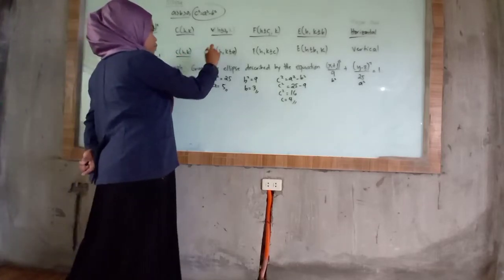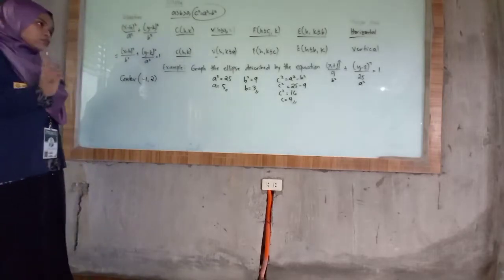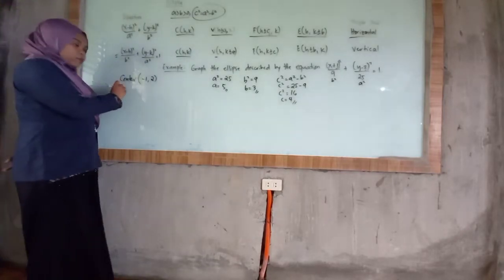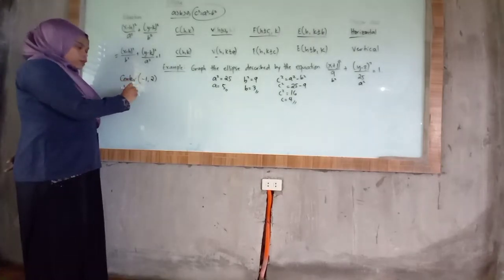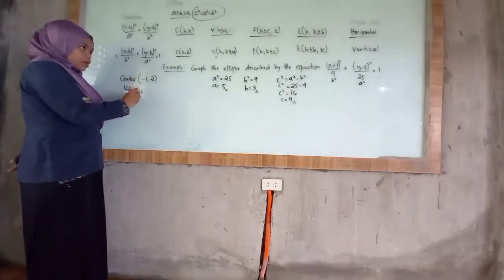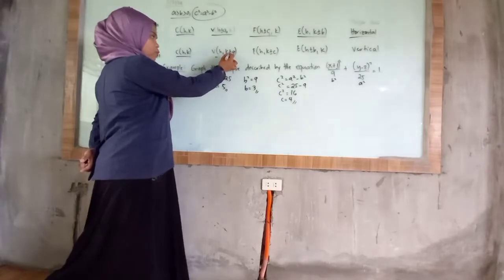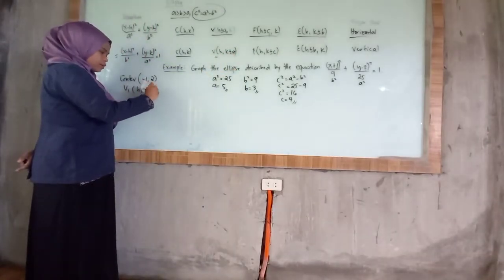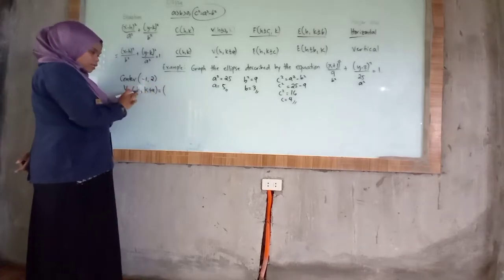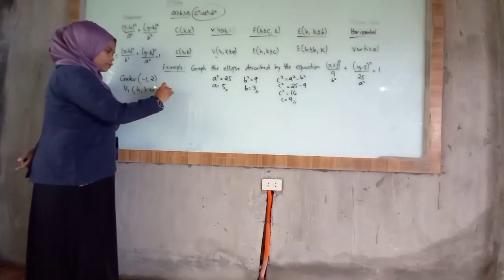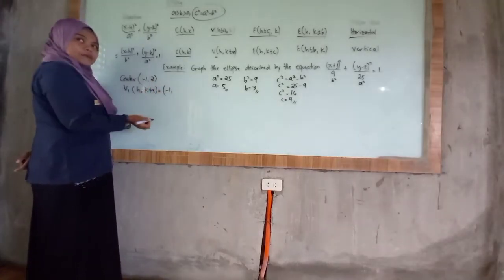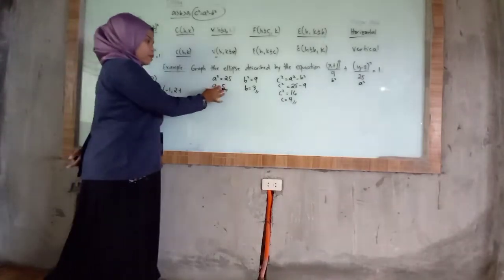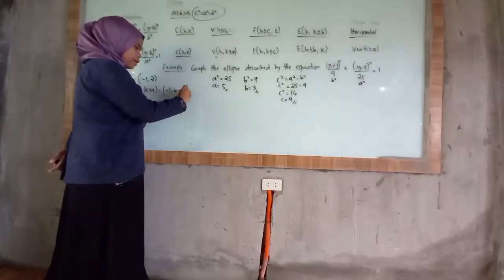Next, we have to find the vertices. So, dalawa yung vertex natin. We have the V1. So, we have the coordinates H. Unahin ko muna yung positive 1. So, you have K plus A. So, ang H natin, by substitution, we have negative 1. Ang K naman natin, we have positive 2. And then, the value of A will be 5.